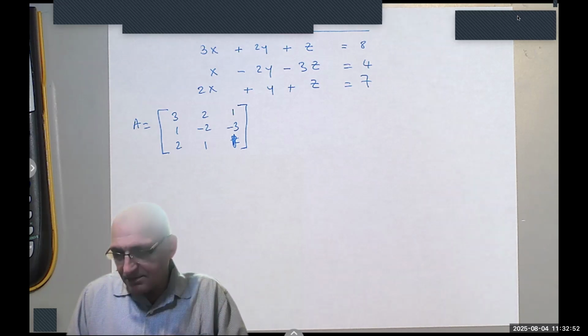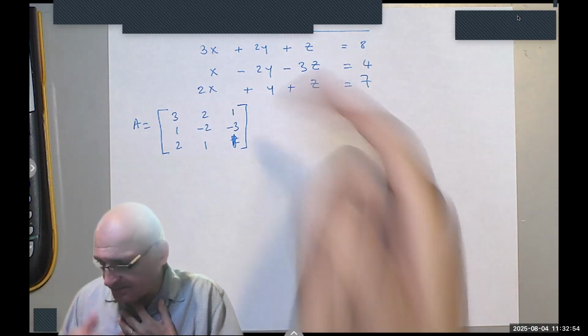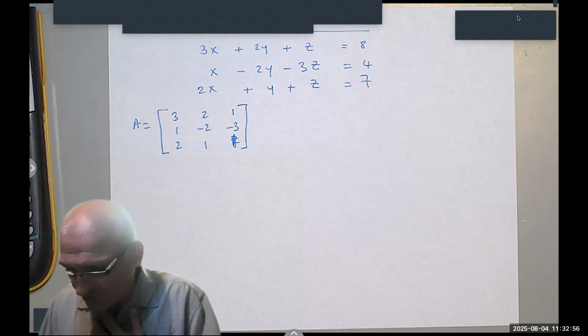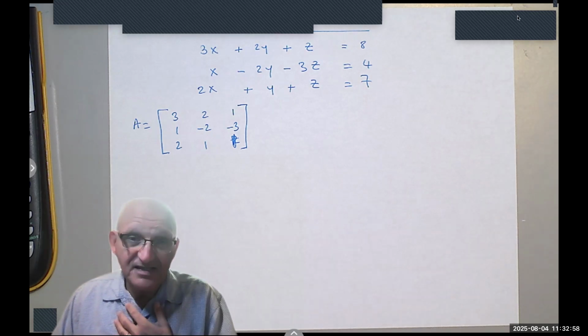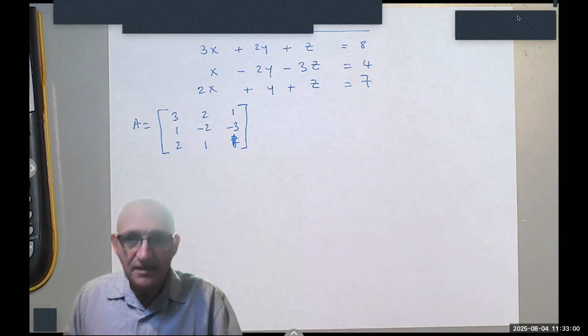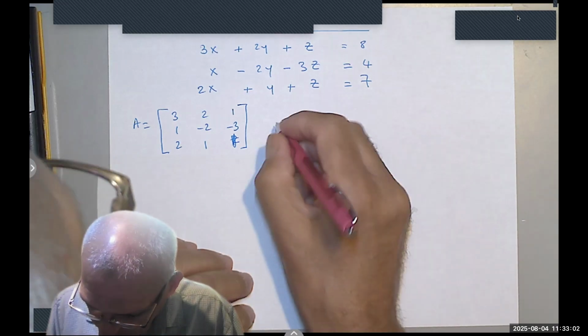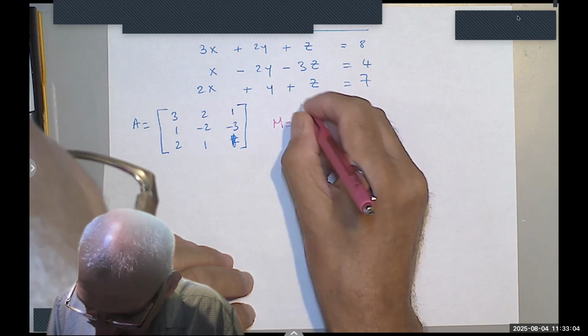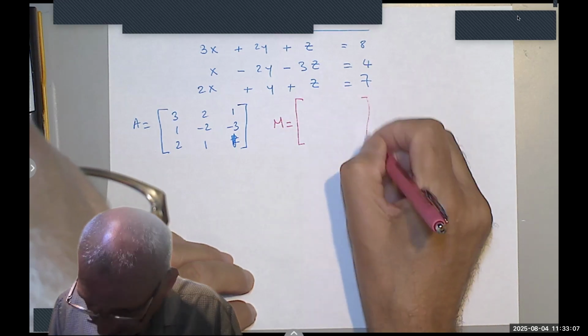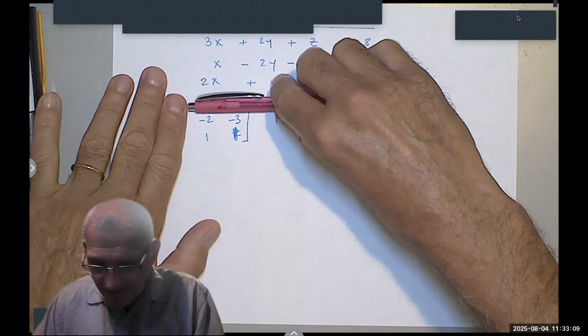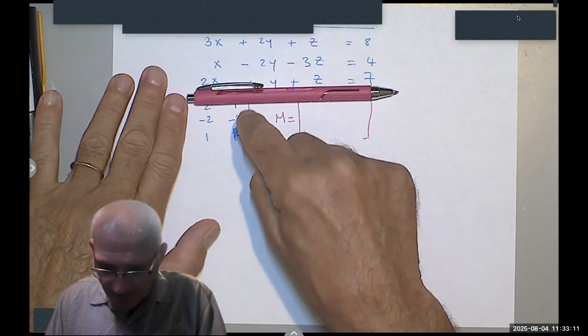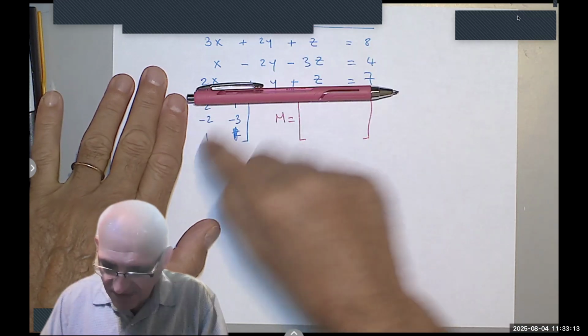As I did last time, I'm going to do it again in case you have any trouble finding the cofactor directly. We are going to do the matrix of minors. For the 3, I hide its row and column and say negative 2 minus negative 3 is negative 2 plus 3. It's 1.